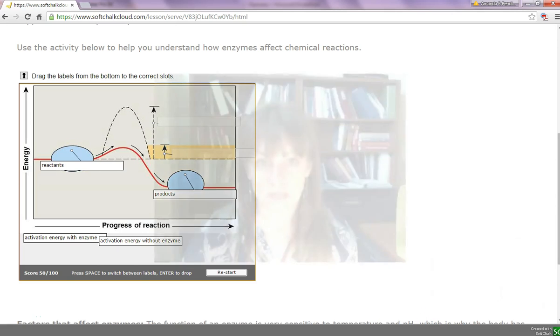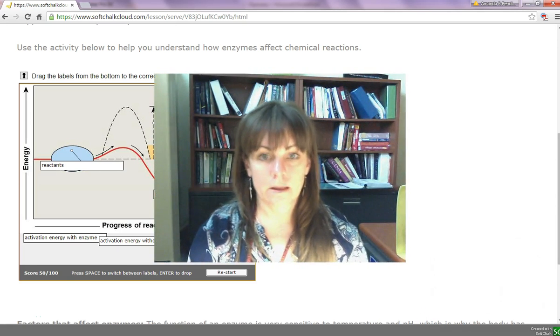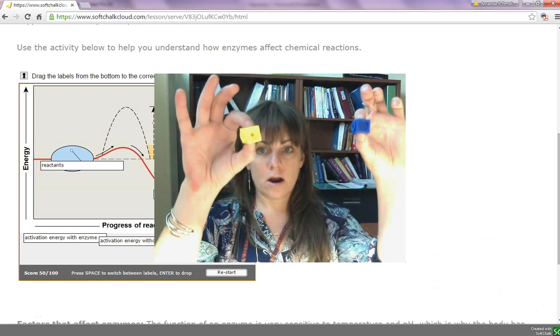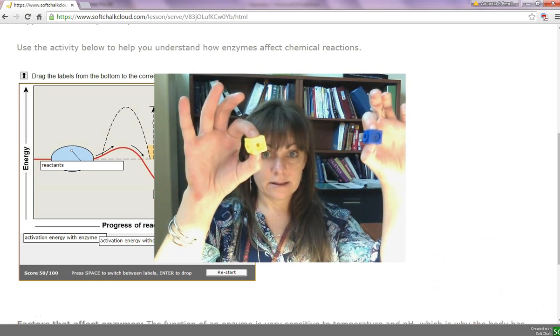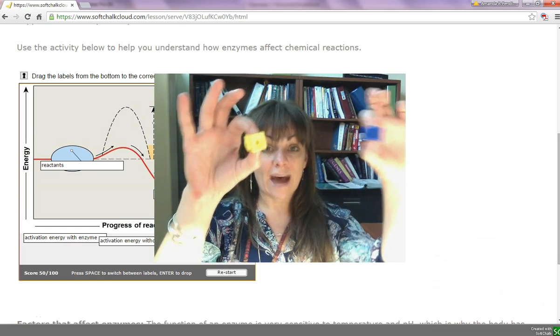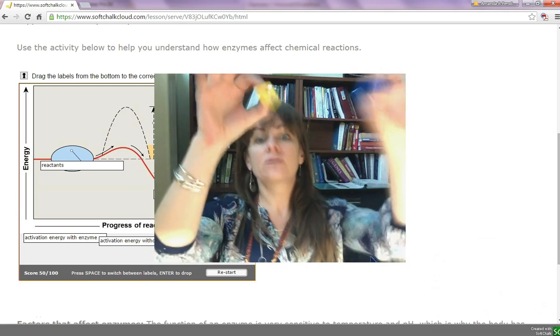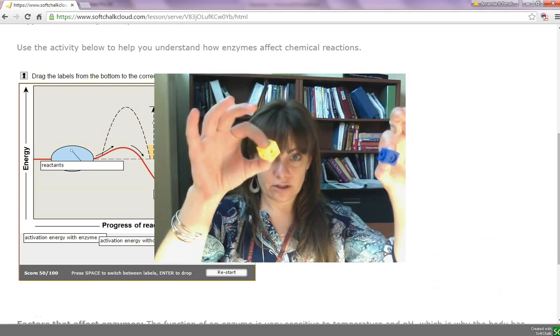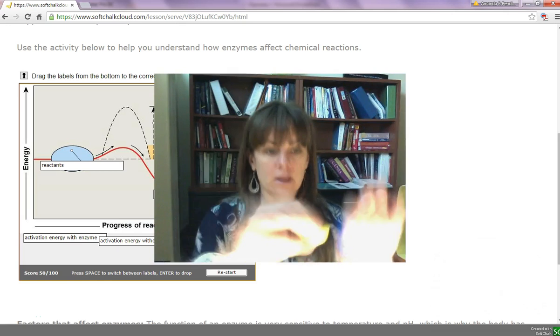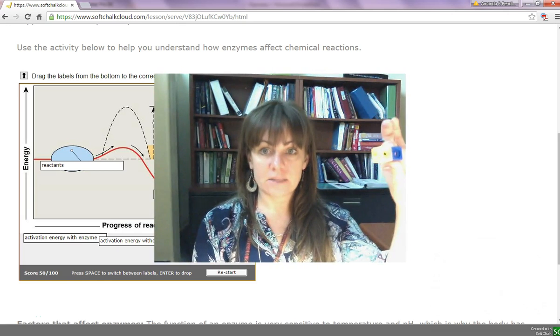Okay, so what does that mean? Well, here are my reactants. And so without an enzyme, they would have to bounce around so much, so quickly, that they spontaneously come together if they do not have an enzyme.